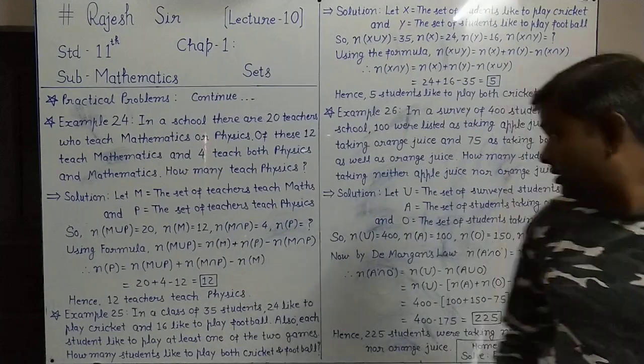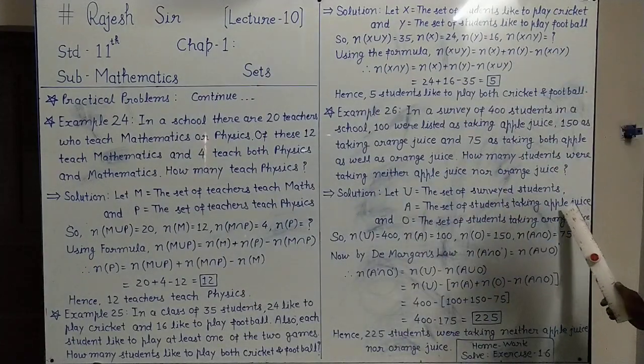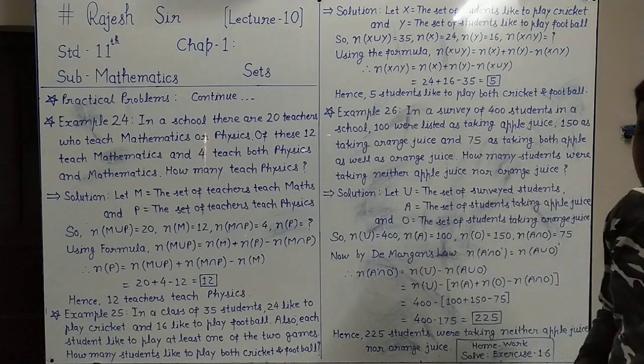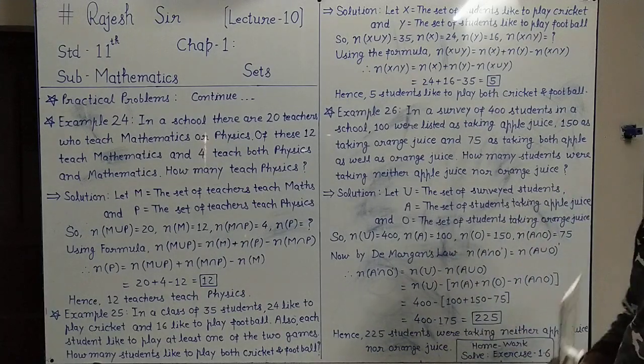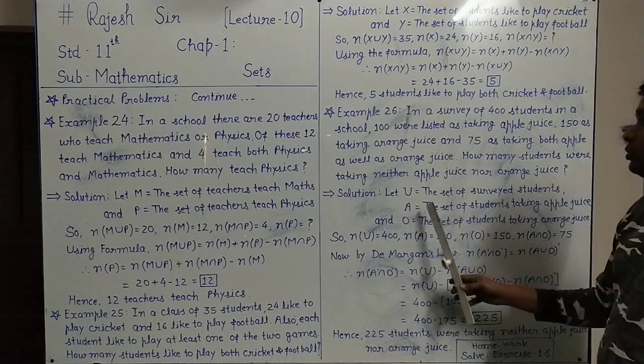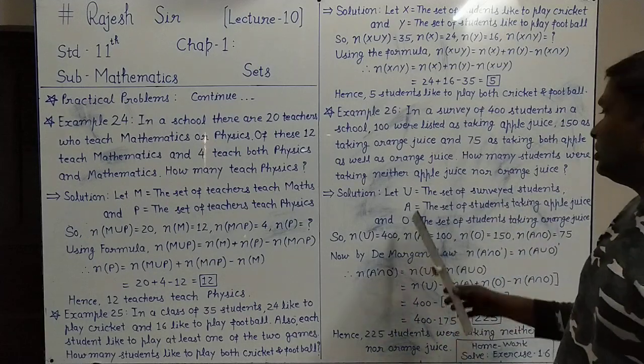As we have seen with the complement of a set, if A shows the set of students taking apple juice, the set of students not taking apple juice will be A dash.